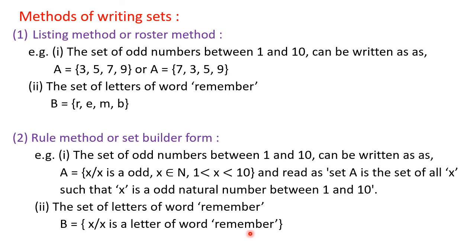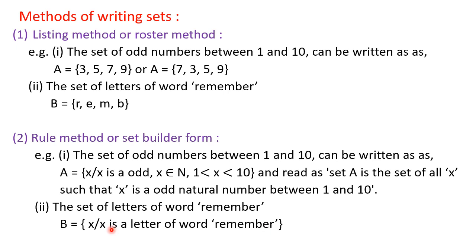Now what you have to keep in mind here is, see, in both the places here I used the word is. I didn't say that x are odd. I didn't write that x are letters. So here plural form is not allowed. We have to go for singular form. We have to write the property of a single element.